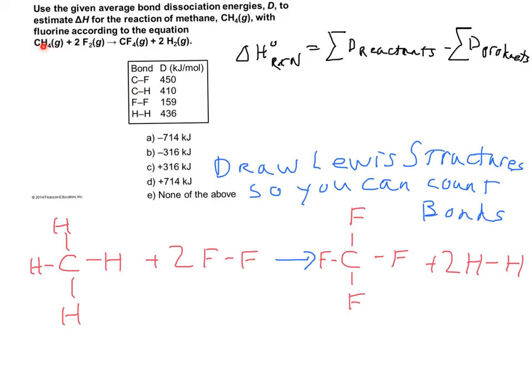Do you have one carbon-hydrogen bond in methane? No. Look at methane. How many carbon-hydrogen bonds do you have? You have 1, 2, 3, 4. You have four carbon-hydrogen bonds that you have to break. So you have to account for that in your dissociation energy.